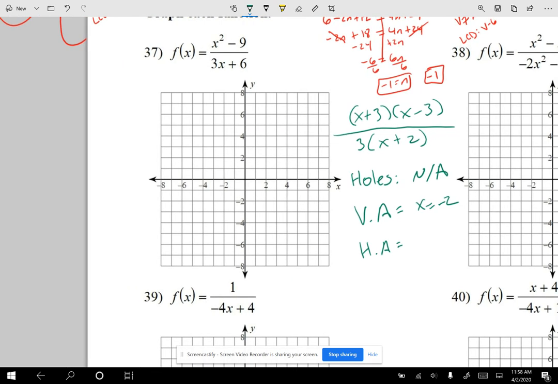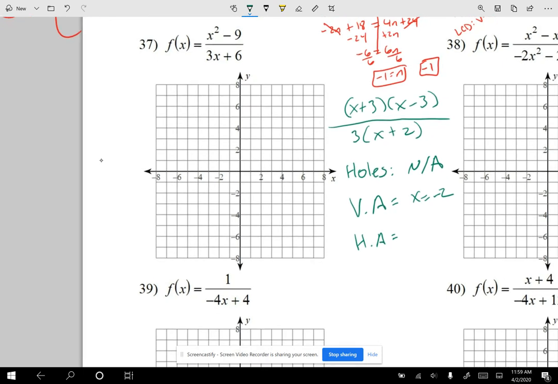and I'm going to have to use long division. I don't have to finish the whole long division, but I have to do part of it. I'm going to do this as 3x plus 6, and I'm going to divide it into x squared plus 0x minus 9. Remember, I cannot skip any exponents. I'm just looking at the first term divided by the first term.